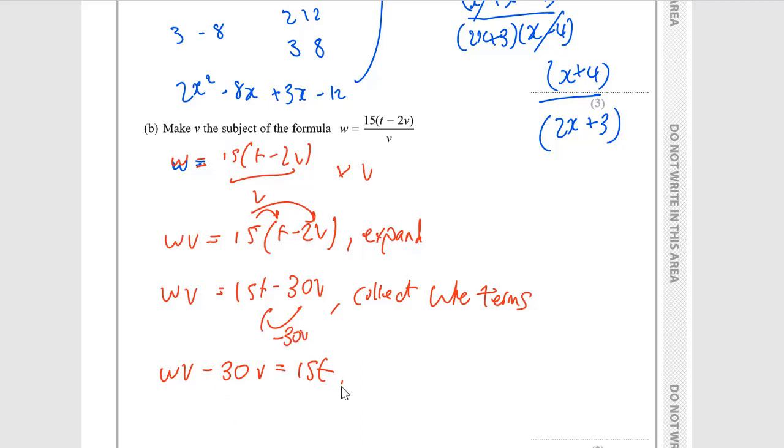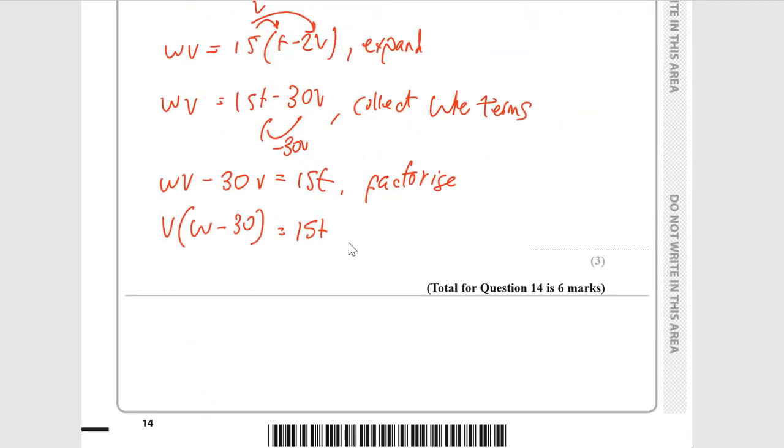So then factorize. So we get v outside, w minus 30 equals 15t. And then here we divide by w minus 30. So we get v equals 15t over w minus 30.